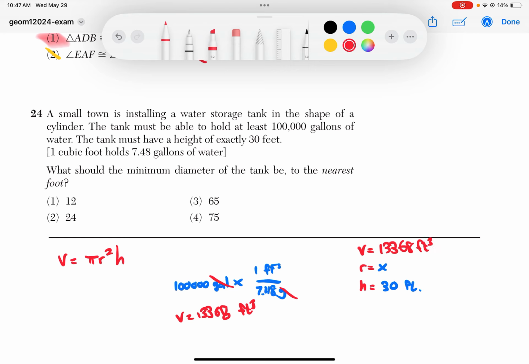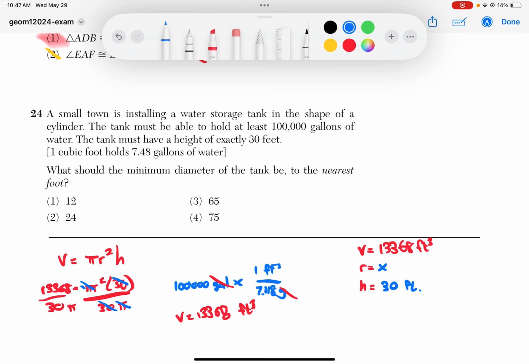And now I have everything I need to find out the problem. So we have 13368 equals pi r squared times 30. Let's divide both sides by 30. In fact, let's divide both sides by 30 pi. Kill two birds with one stone, right? Cancel the pi's, cancel out the 30s.